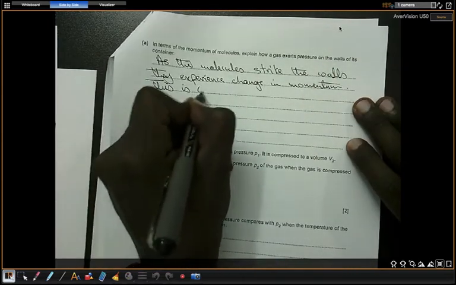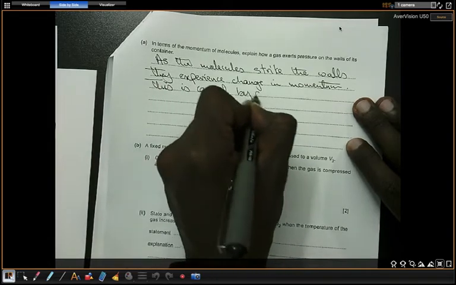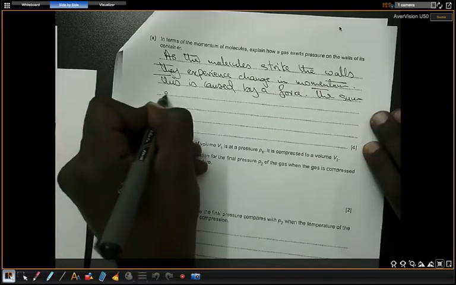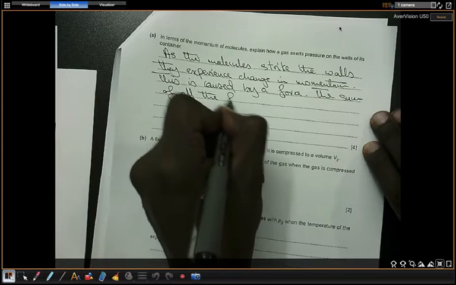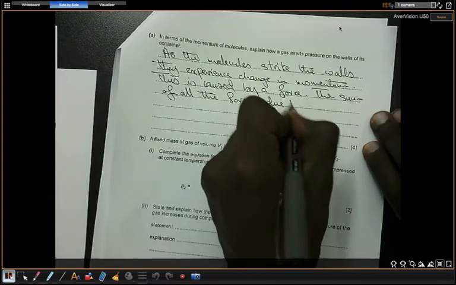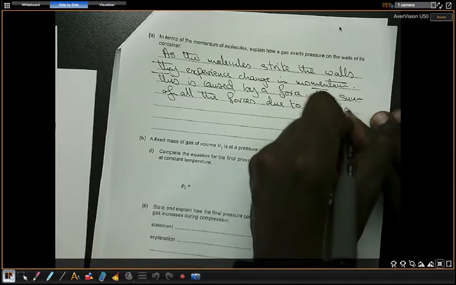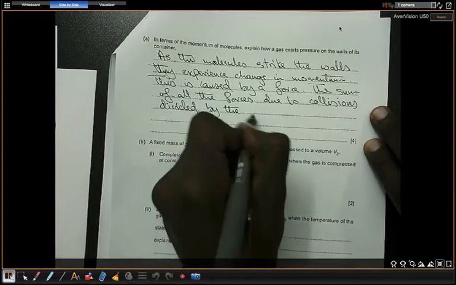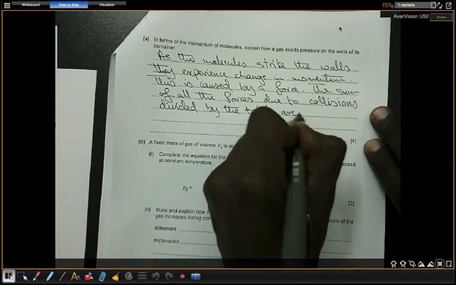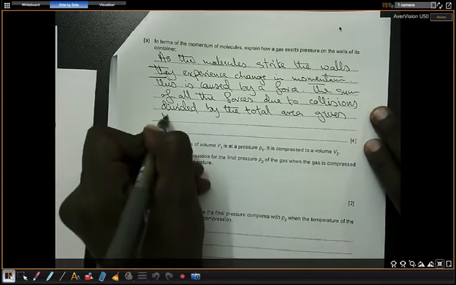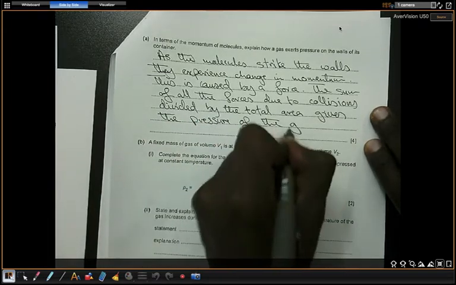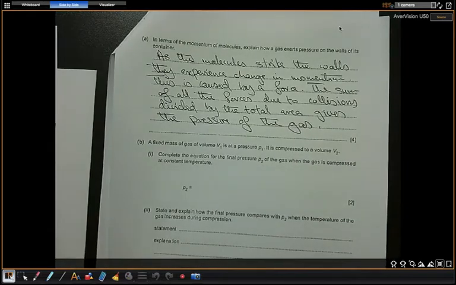This is caused by a force. The sum of all the forces due to collisions, okay, divided by the total area gives the pressure of the gas. This is how you answer such a question, people.